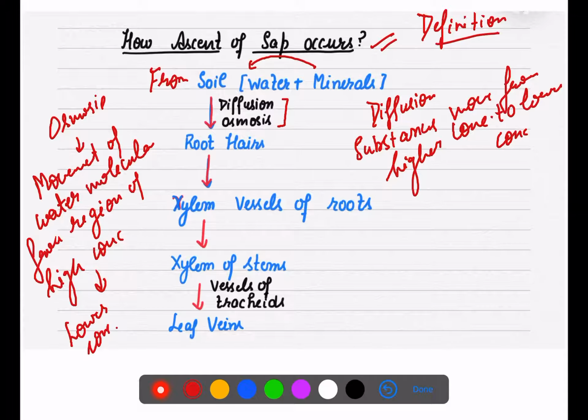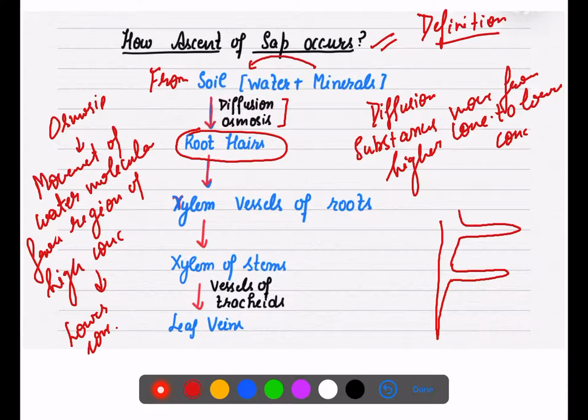Now these water and minerals are first taken up by the root here. Suppose this is the root, so these water and minerals from the soil are first taken up by the root.